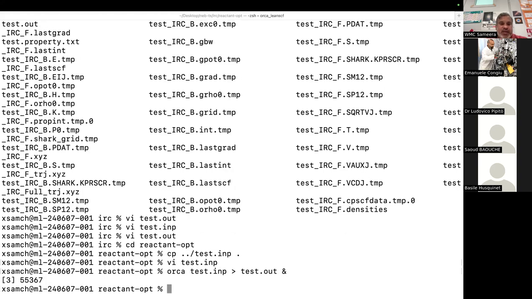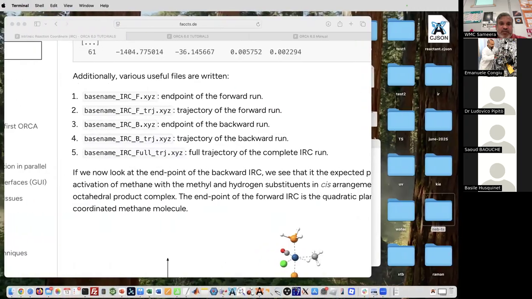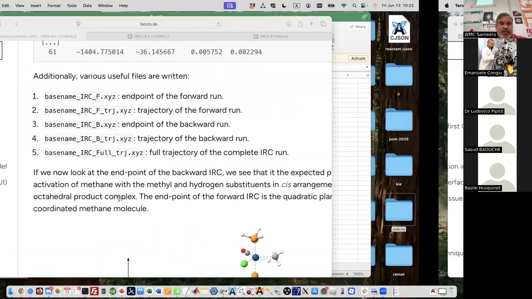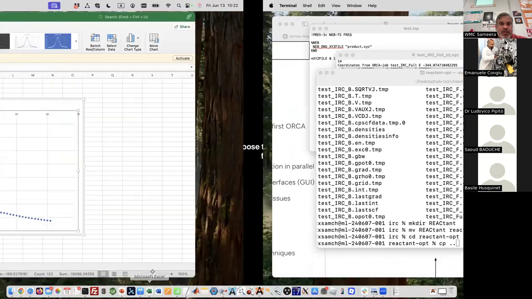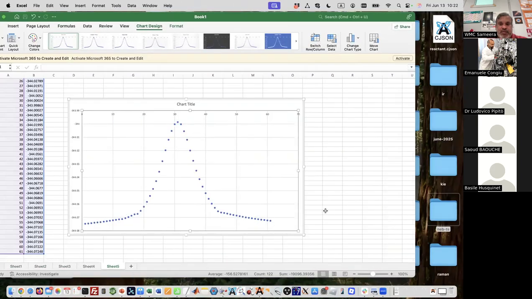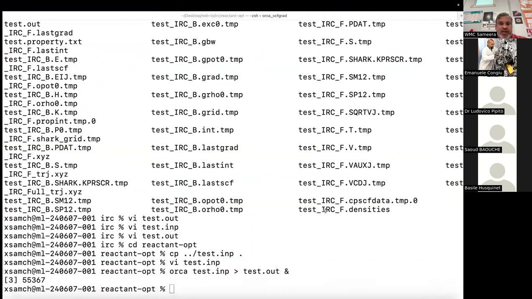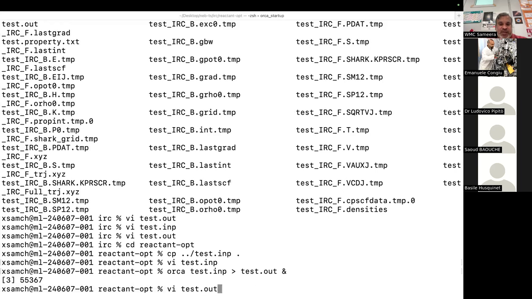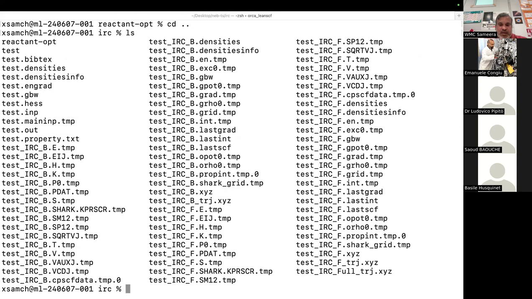So this is our reactant optimization, and then we start from our product structure here, which you can find in the trajectory file. Here is the full trajectory, and then we take the last point.